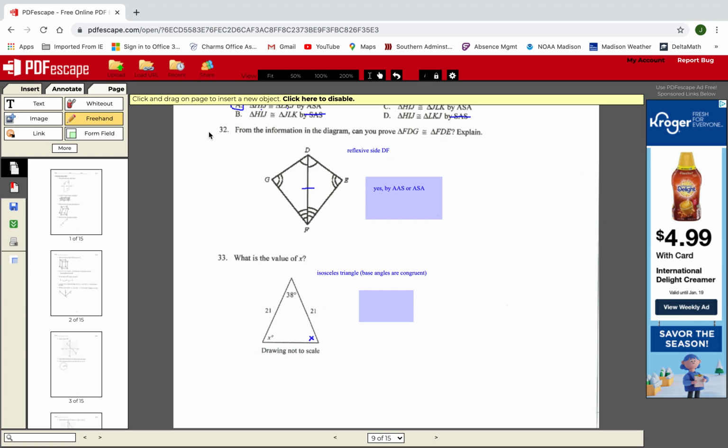And you could say x plus x plus 38 equals 180. Okay, so 2x plus 38 equals 180.